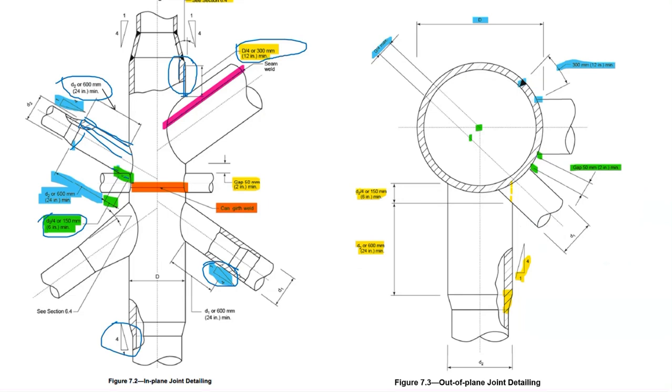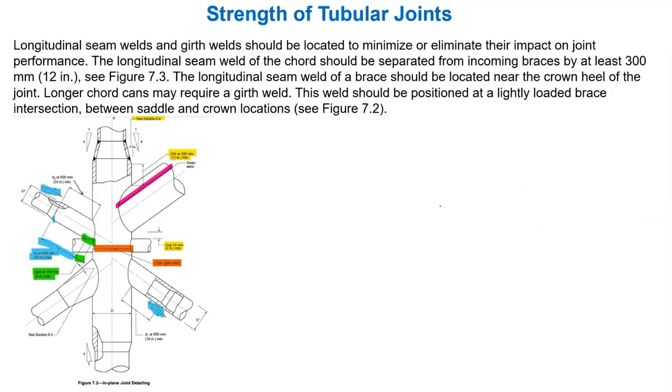And here, if you see the gap between these members, it should be a minimum of 50 mm. And this is the longitudinal seam I told you about, right? This seam should be at least a minimum of 300 mm or 12 inches from the brace footprint. It should be separated from here. Sometimes we can keep it inside also, but at that time also it should be separated from the brace footprint. Okay. This is what it's giving in this detailing.